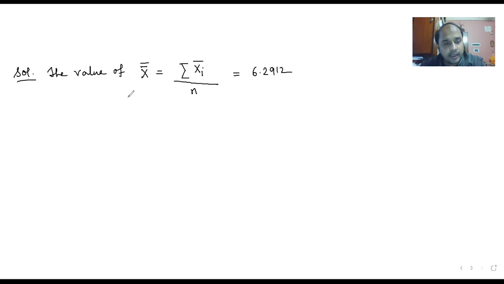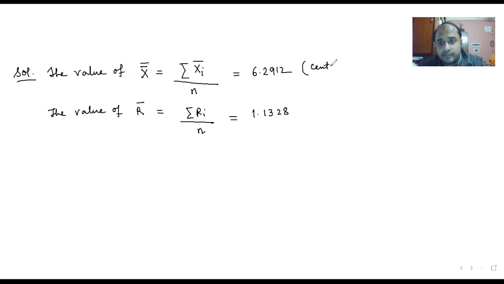The value of R bar, which is summation Ri divided by N, has come out to be 1.1328. Okay, so we have got this.